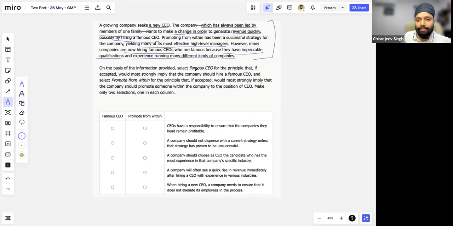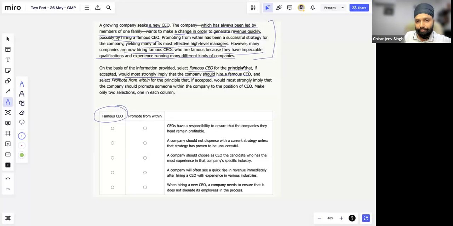On the basis of the information, select famous CEO for the principle that, if accepted, would most strongly imply that the company should hire a famous CEO. So in this column, I need to select a statement which is a principle that would imply that the company should hire a famous CEO.